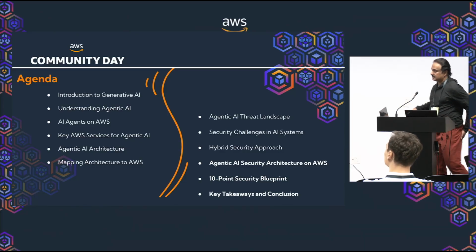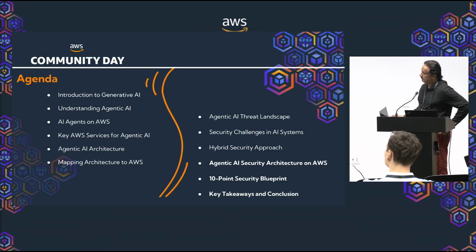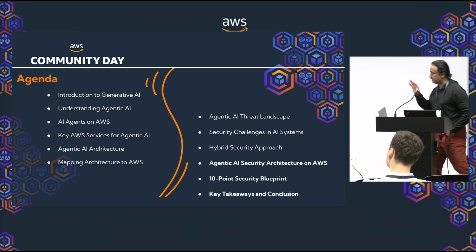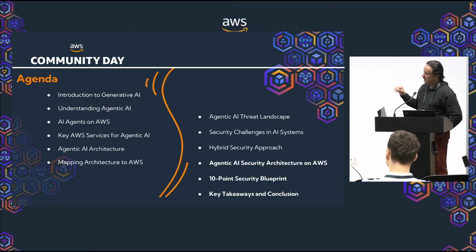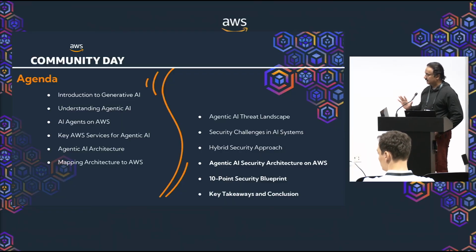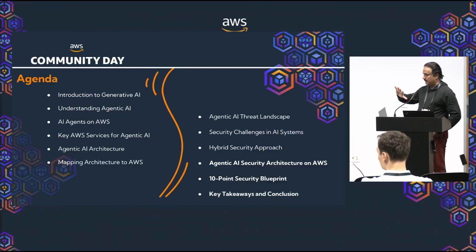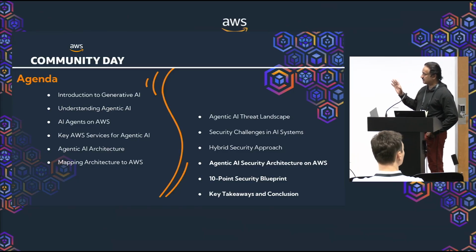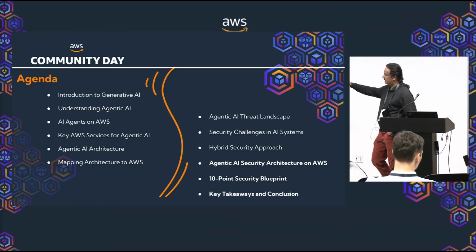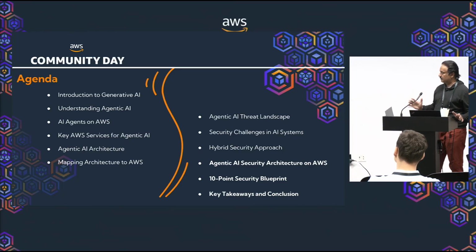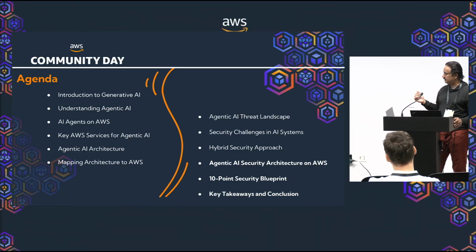So this is the agenda for today. We'll be going through what GenAI is and agentic AI, how AI agents run on AWS, key AWS services for agentic AI, and the agentic AI architecture itself, and then mapping that architecture to AWS and the general AI threat landscape, and the security challenges in AI systems, and the overall hybrid security approach that we can take.